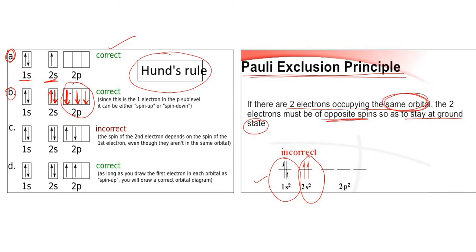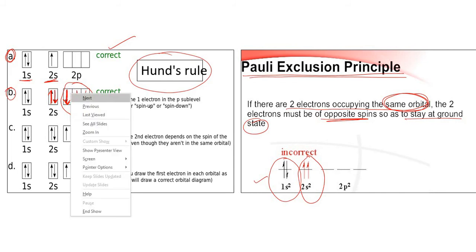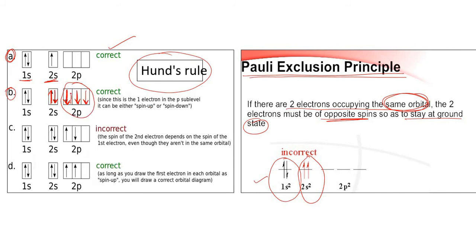Then the next electron goes in with upward spin, and in the next pairing it takes place with upward spin, and the next also pairs with upward spin. I hope you understood this, students, right? If you see the next example here, this is C, we write it as incorrect here.